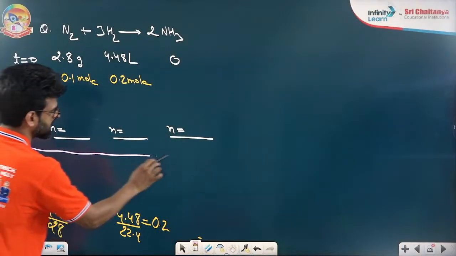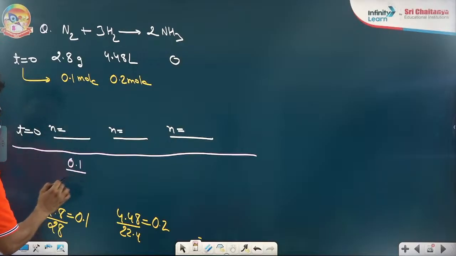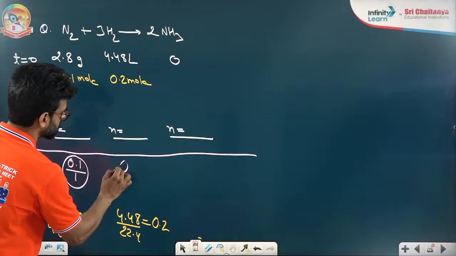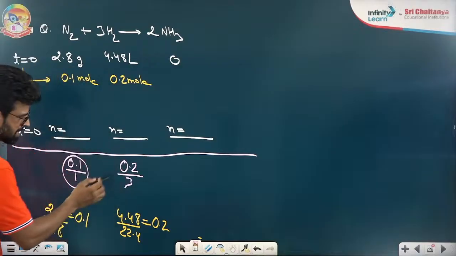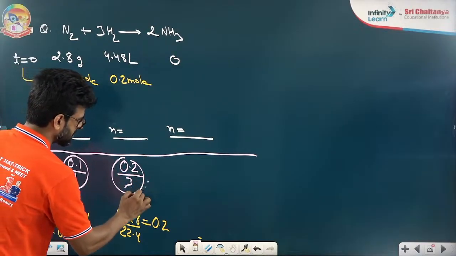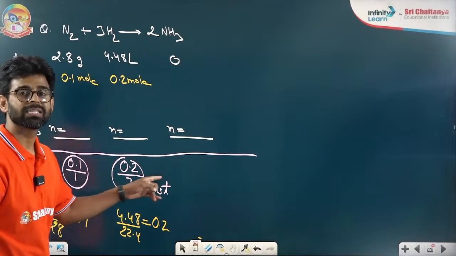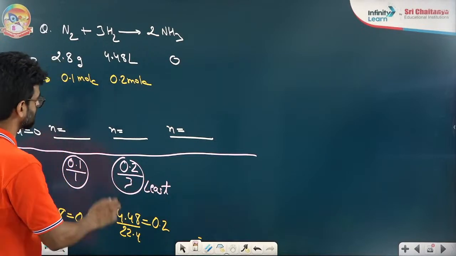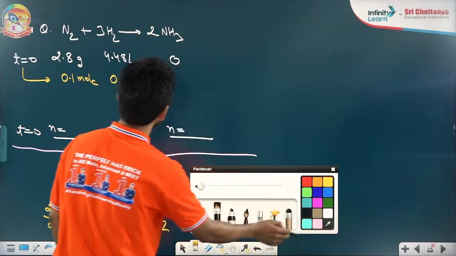Given moles 0.1 divided by stoichiometric coefficient 1, and 0.2 divided by 3. This is coming least, almost 0.066. That's why I will say this is our limiting reactant.